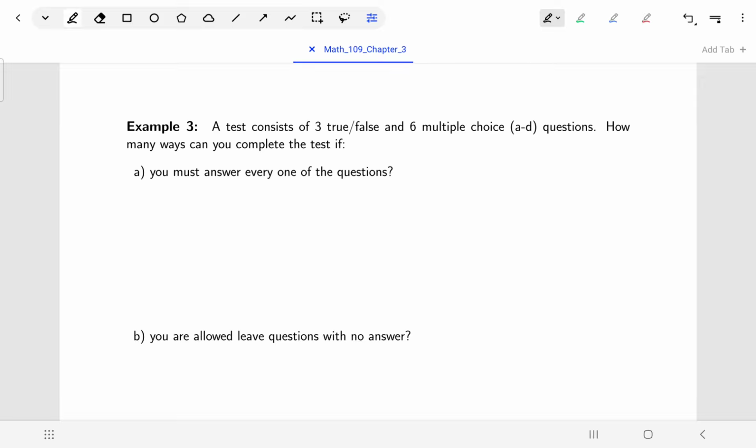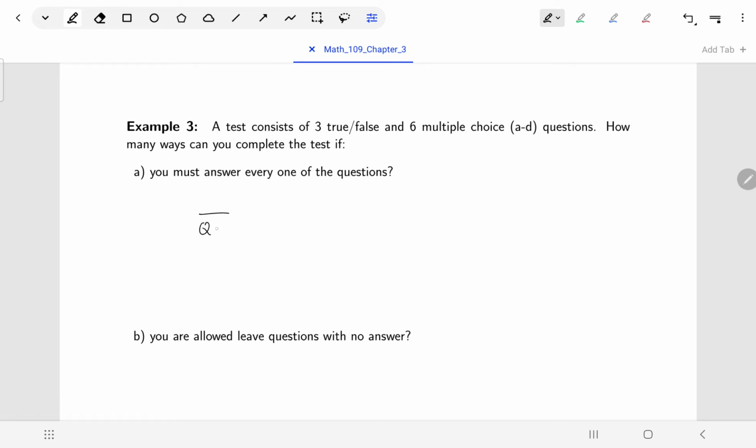So if we're thinking about completing this test, there is the first part, which is what if you have to answer every single question? So if I'm guaranteed that I must write something down, I'm not allowed to leave questions blank, then I basically have 9 little activities, 9 little tasks that are being done back to back.